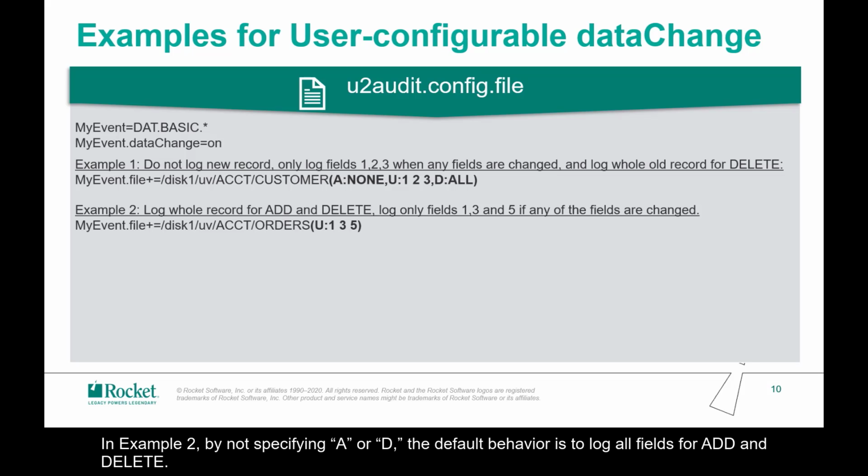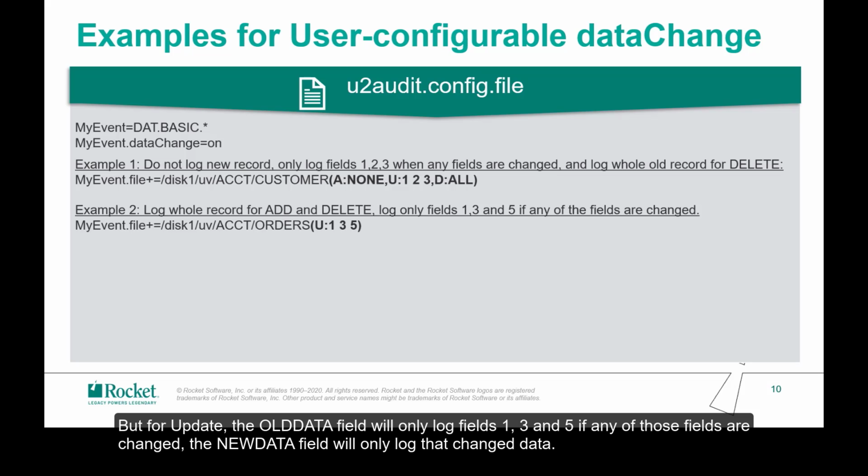In example 2, by not specifying A or D, the default behavior is to log all fields for add and delete. But for update, the old data field will only log fields 1, 3, and 5 if any of those fields are changed. The new data field will only log the changed data.